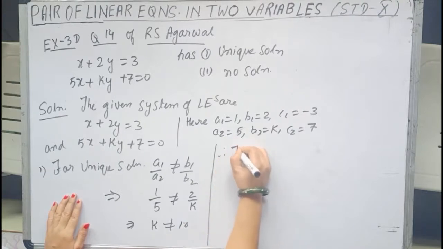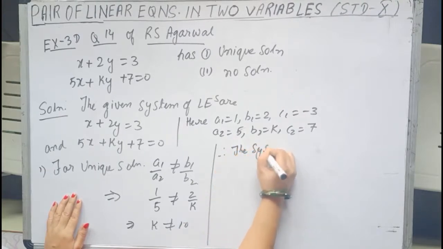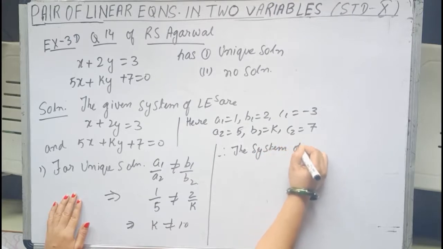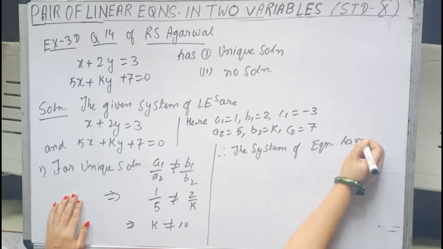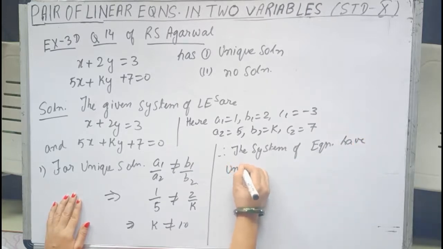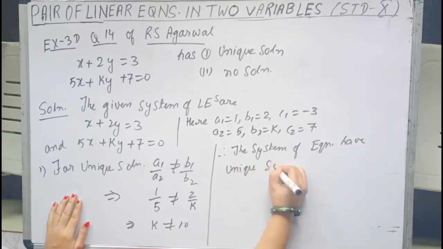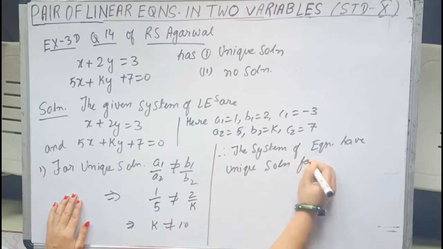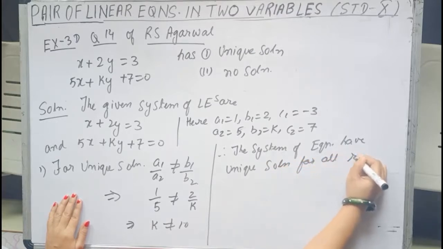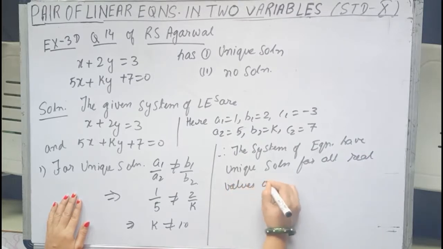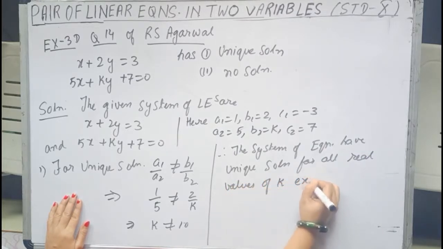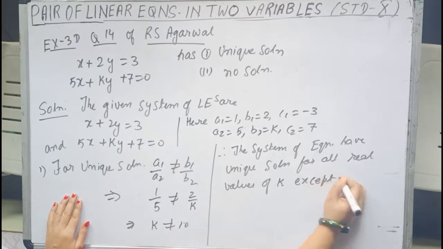Therefore, the system of equation has unique solution for all real values of k except 10.